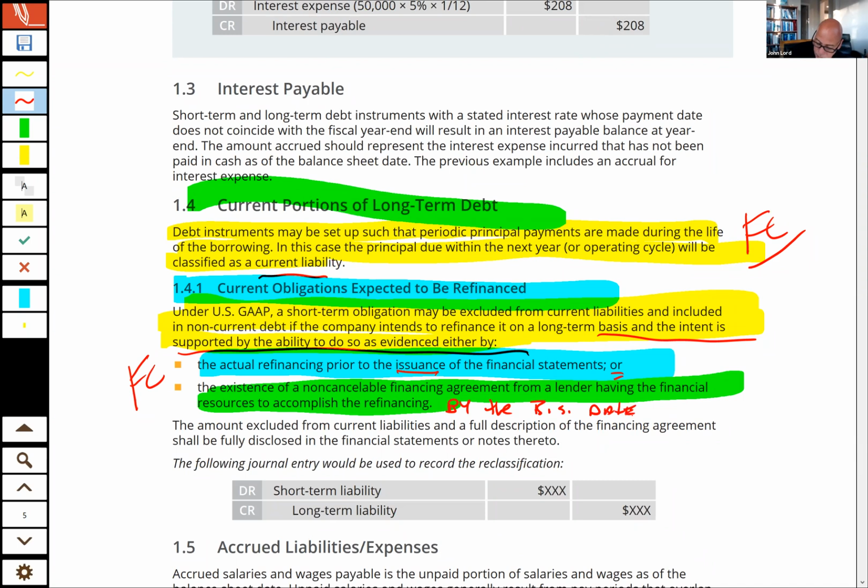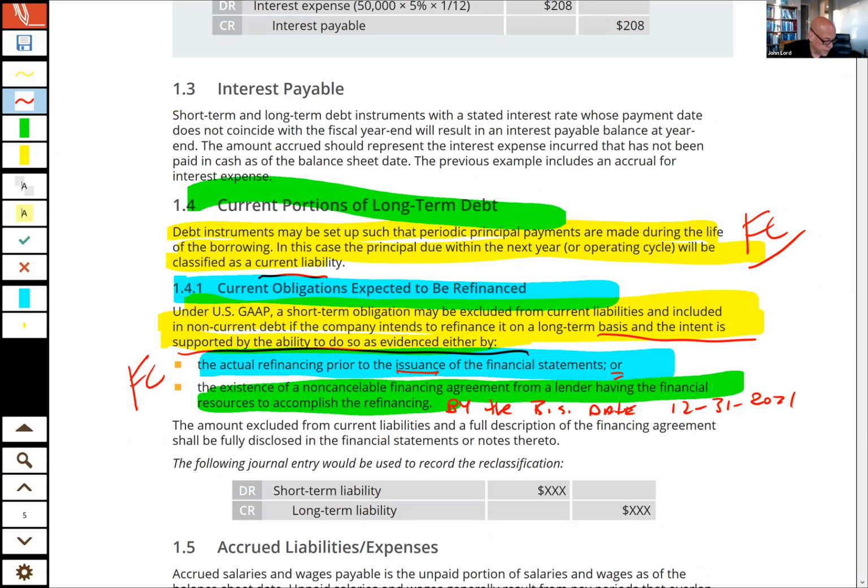Okay, for example, let's say my balance sheet date is 12/31/2021. That non-cancelable financing agreement has to be in place by the balance sheet date. Okay, and then presumably, I would go ahead and execute that sometime in that next year or whatever, but I have to have that in place by the balance sheet date.